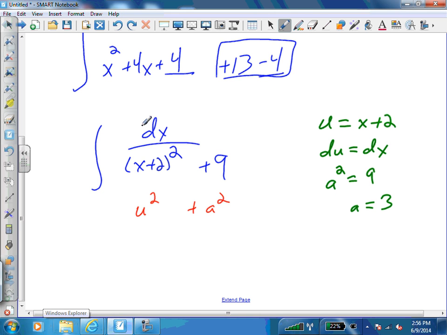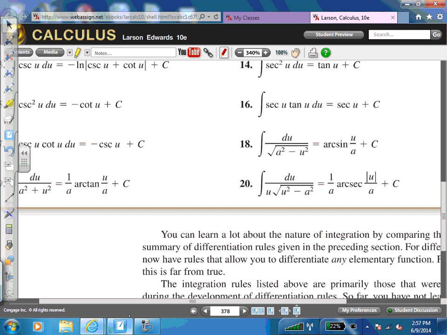So essentially we have du, dx is just du. We have du over u squared plus a squared. Remember, with addition, it doesn't matter the order; subtraction does.